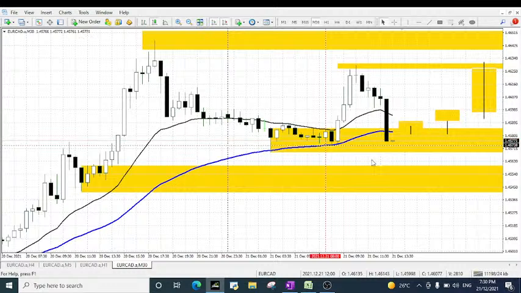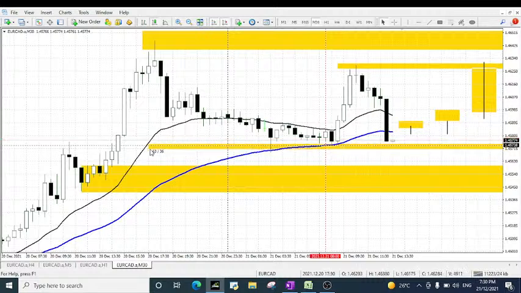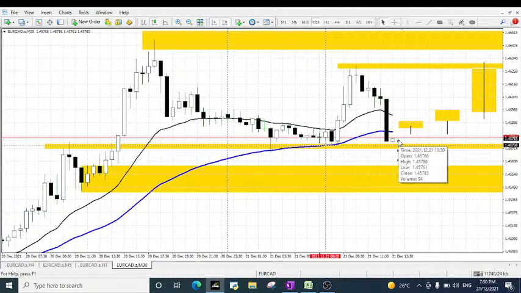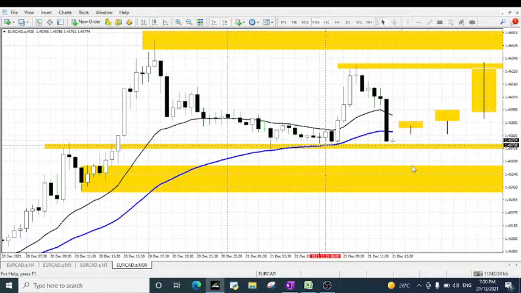If buyers step in and defend this area, this has to be defended. If buyers let this zone be breached, we have a completely different scenario that we definitely have to reassess.